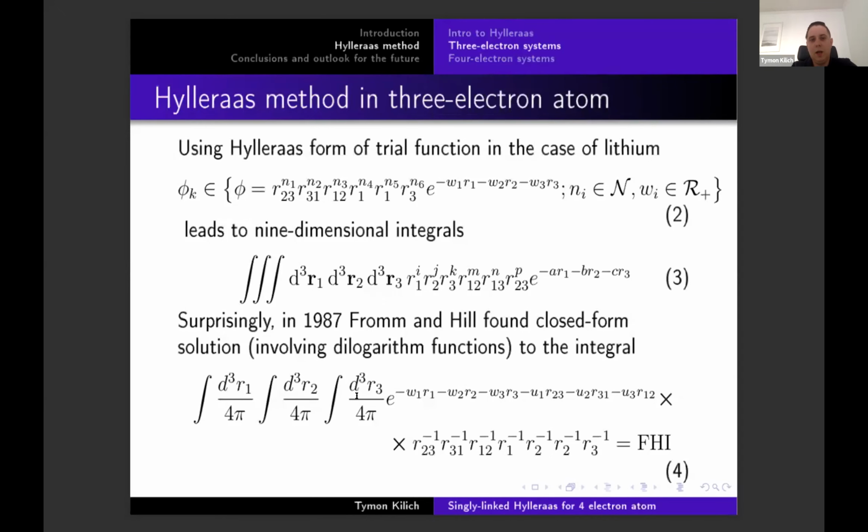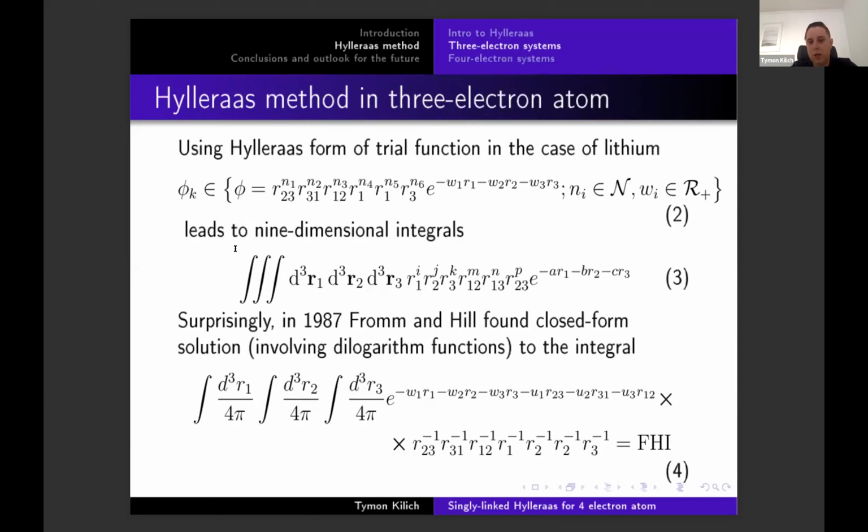So what is done for the three-electron atom? Here we can see a Hylleraas kind of trial function for the lithium atom. As we can see, it contains all the inter-electron distances and the distances of the electrons from the nucleus, there should be r2 in here, I see a typo in this r, and the exponential factor.